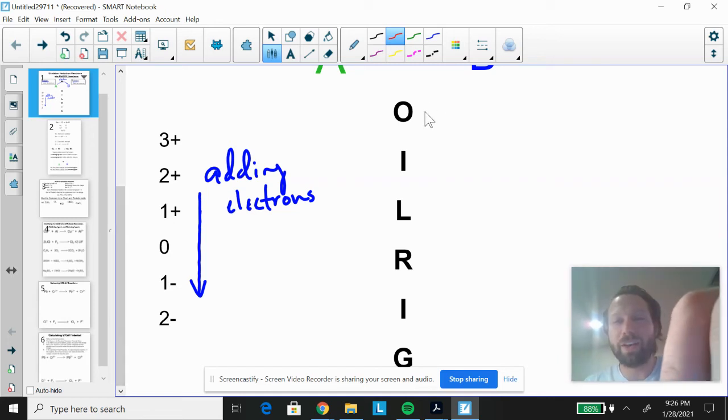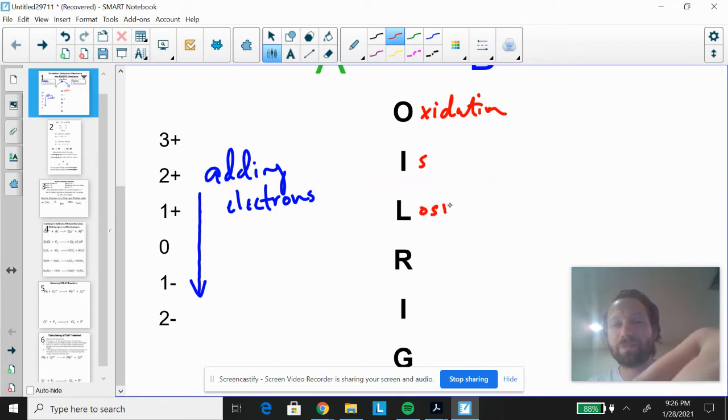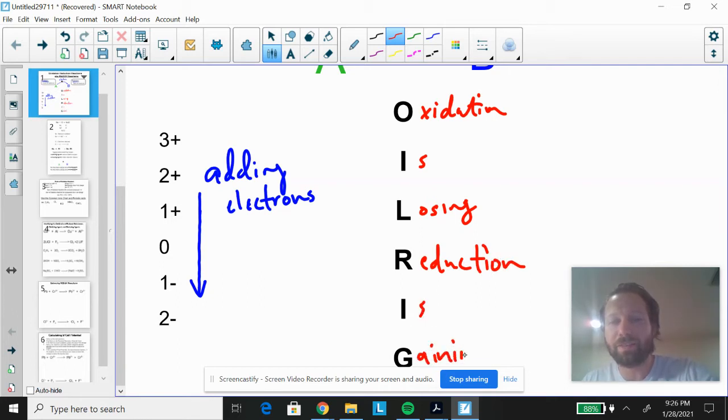So OIL RIG: oxidation is losing, in this case, electrons. And then reduction is gaining, in this case, gaining electrons.